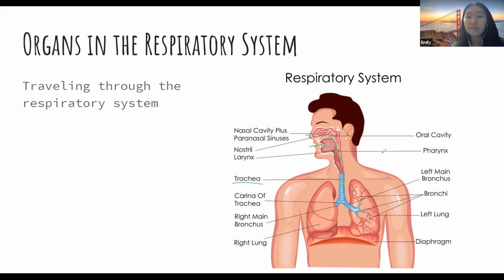It's very solid because it's covered with a layer of cartilage, which is a tough but flexible material that protects your windpipe to make sure that it's not damaged. This is a very important pathway as it's the only way that air is going to be entering or exiting your lungs. So definitely don't want anything to happen to that. Otherwise, you might stop breathing, which would be really bad.